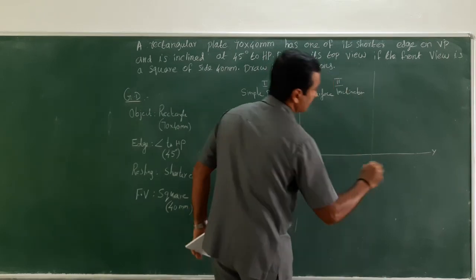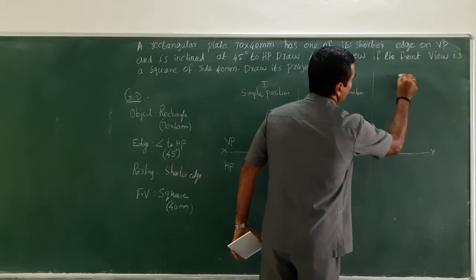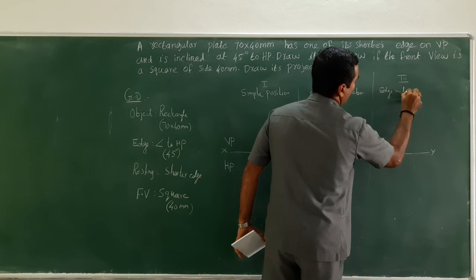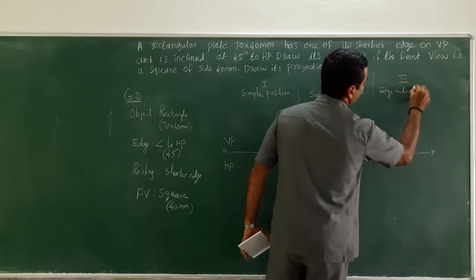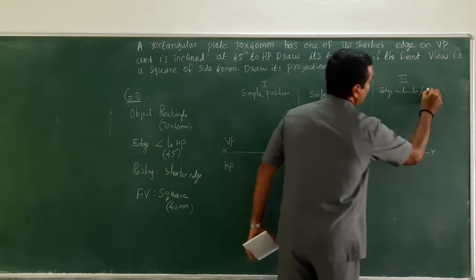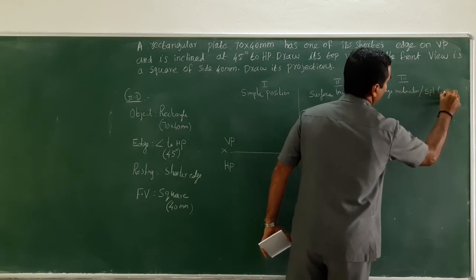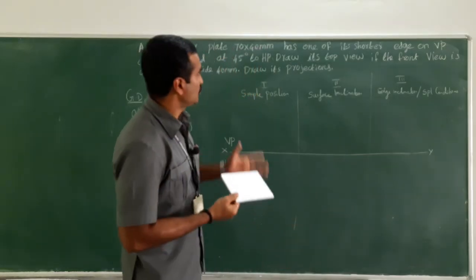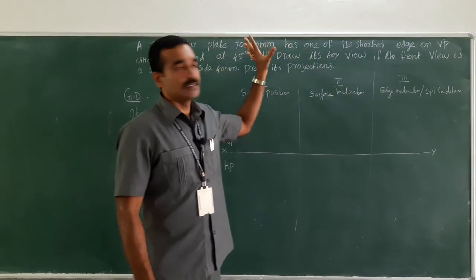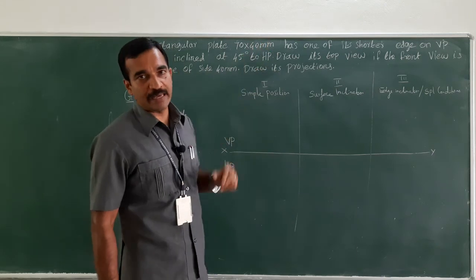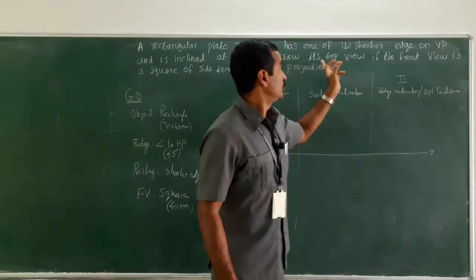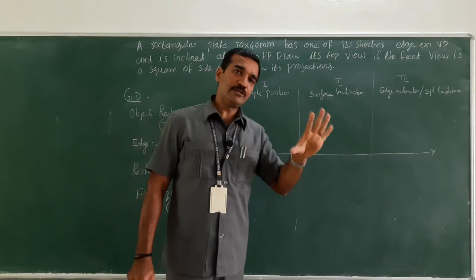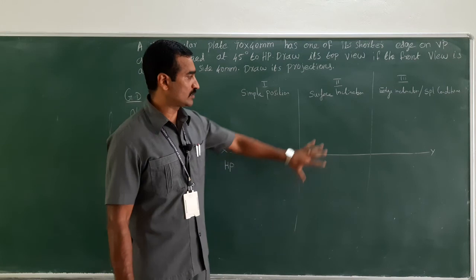And the stage 3 belongs to edge inclination or the special conditions. As such, there is no surface inclination in this problem. In place of that, they have given that the front view looks like a square.